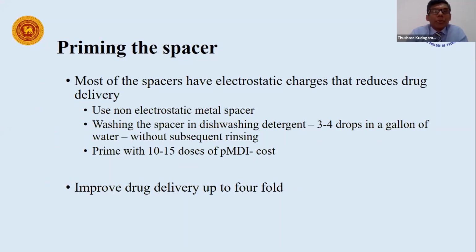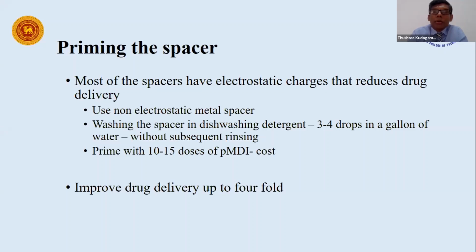When you use a spacer, you have to think about priming. Most of the spacers that are available are made of plastic material, so they have electrostatic charges that attract the drug to the wall.